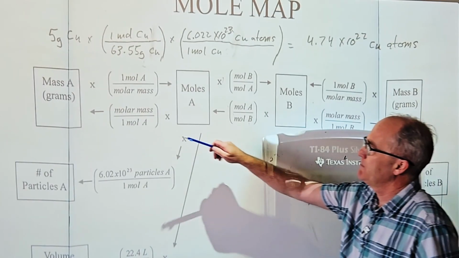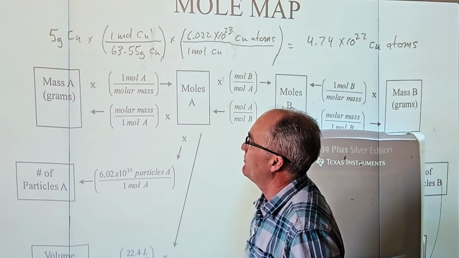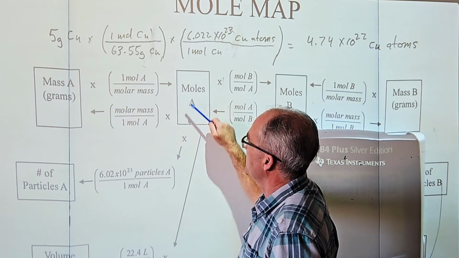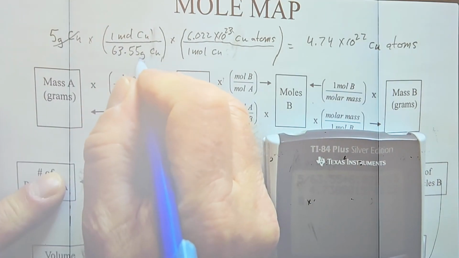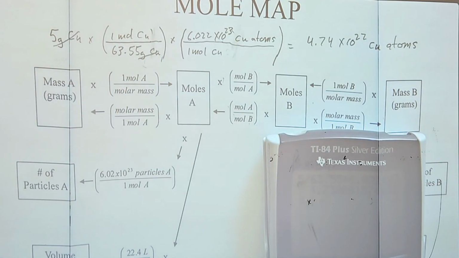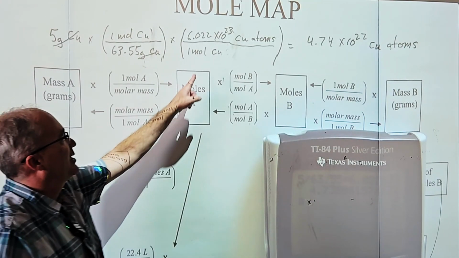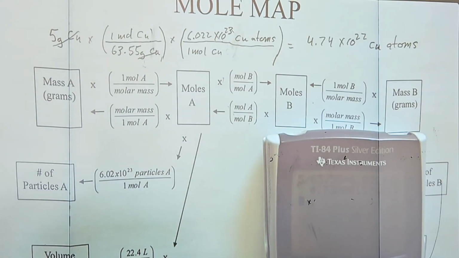So notice what we did. We started out with mass of copper. When we divided by copper's molar mass, which is multiplying by this reciprocal, notice what unit canceled. Grams of copper canceled, and if that's all I did, I'd now know moles of copper. And then when I multiply by Avogadro's number, I come up here with number of particles.